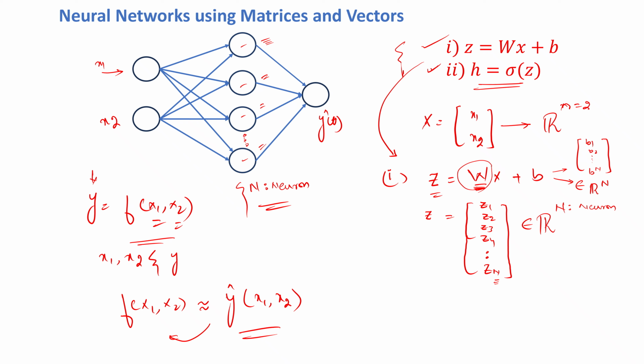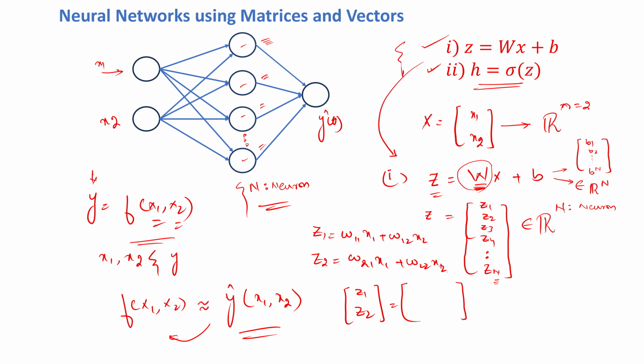Okay, now the key point in this lecture is, what is the dimension of this W? Is it a matrix or is it a vector? So W is actually a matrix. So just to give you a brief recall, let's recall the previous concept. So previously we calculated z1 is equal to w11 x1 plus w12 x2, right? So z2 is w21 x1 plus w22 x2. So if we write this in vector form, this will be z1 z2, right?